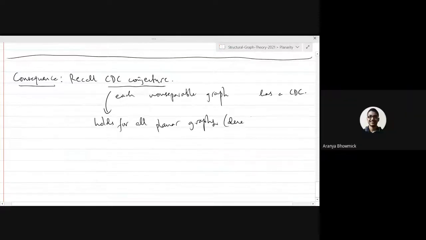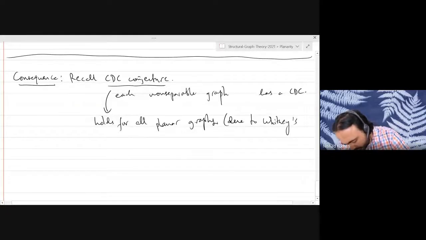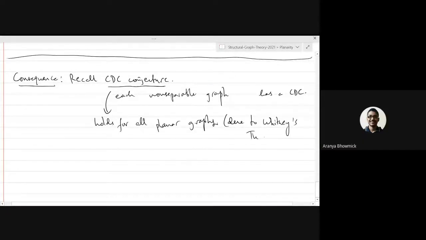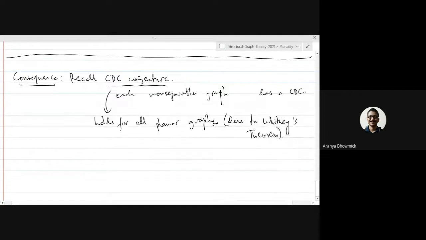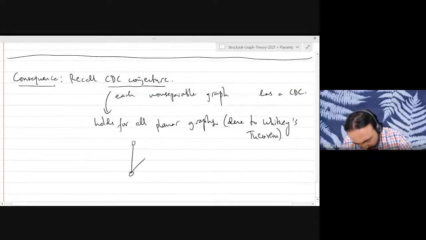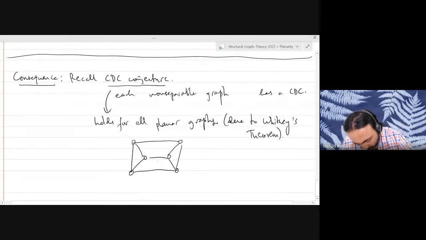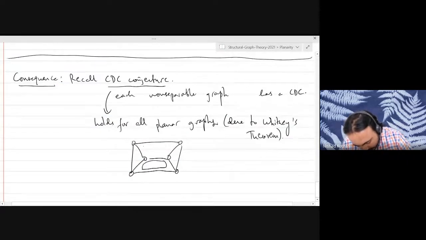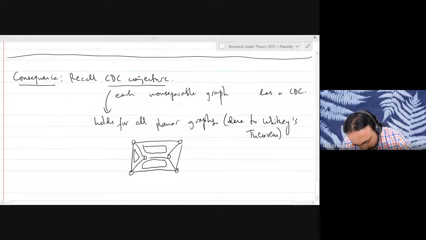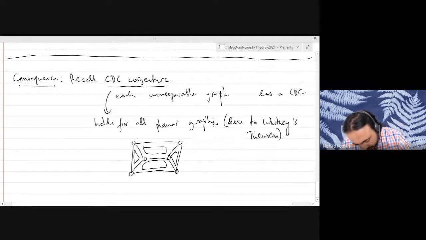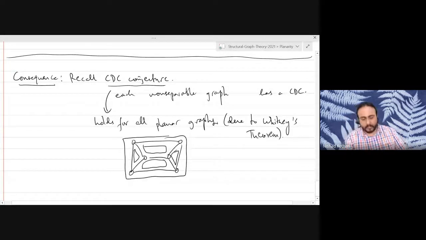All the faces mean both bounded as well as unbounded, right? Yeah, exactly. So that will give us a cycle double cover. So if you look at this graph, which I keep drawing again and again, you look at these 5 cycles, that is a cycle double cover.